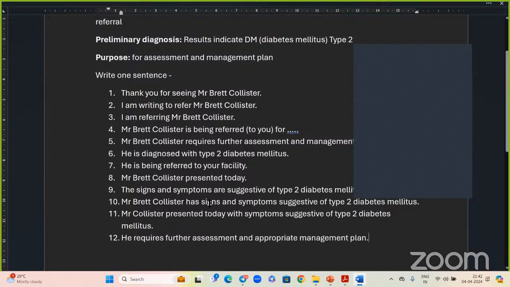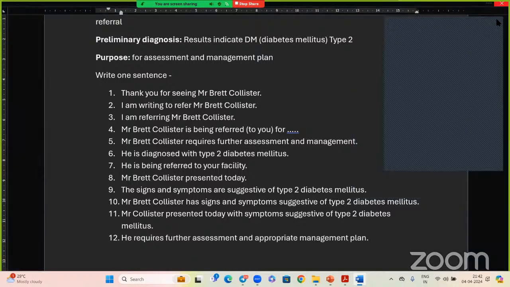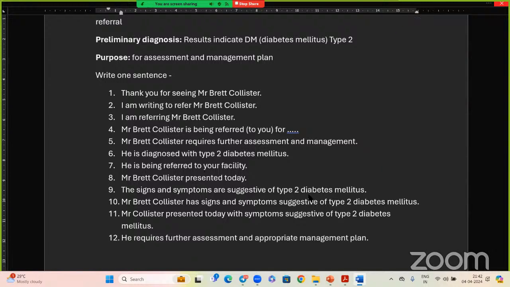Yeah. So you can write like that. What are the other sentences you can write? So these are flawless sentences now without mistakes. It requires further assessment and appropriate management plan.